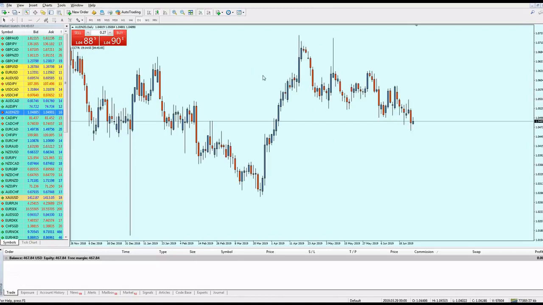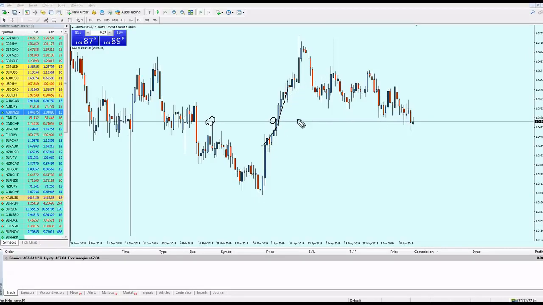Let me tell you, now here on AUD NZD, if we look carefully, we can see here we had a resistance, and even here we had this wick. This resistance has been broken out by this bearish movement.